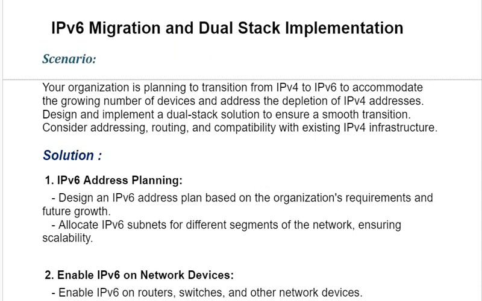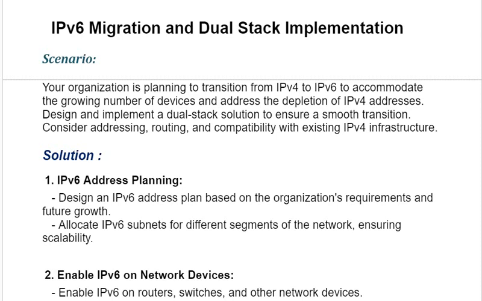Now moving towards the scenario based on the topic IPv6 migration and dual stack implementation. Our scenario is: your organization is planning to transition from IPv4 to IPv6 to accommodate the growing number of devices and address the depletion of IPv4 addresses.